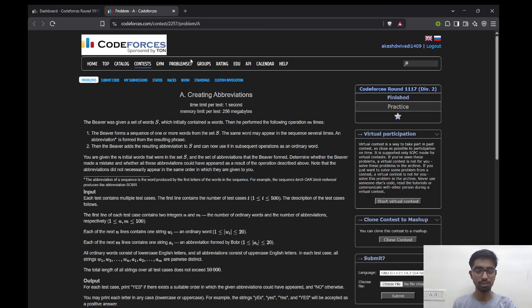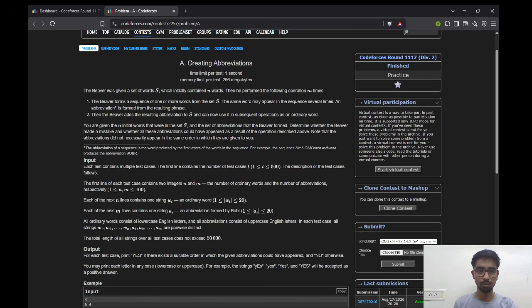So, let's read the problem statement first. The problem name is creating abbreviations. The beaver was given a set of words S, which initially contained n words, and then he performed the following operation n times.